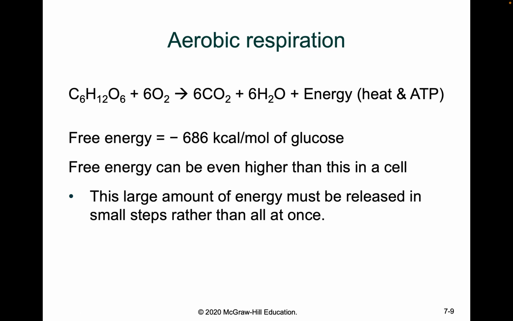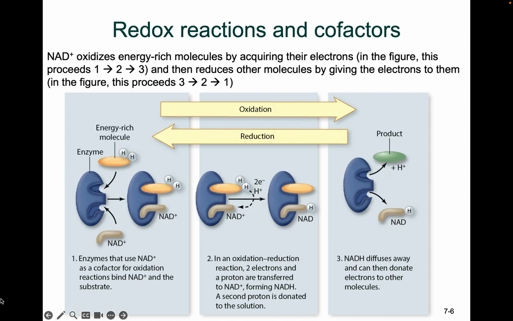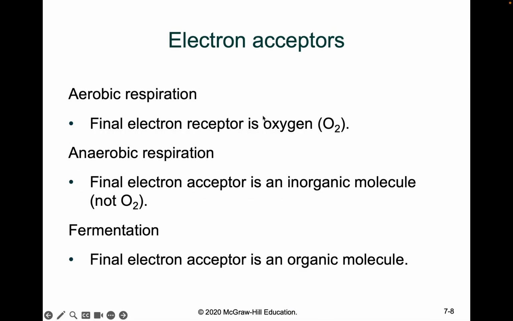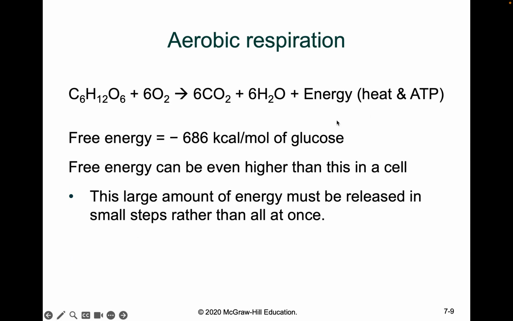So when we talk about aerobic respiration, which is the main type of respiration that we have in our cells, what we're trying to do is break down an energy-rich molecule and have oxygen as the final electron acceptor. So this is the final acceptor. That's the aerobic respiration.